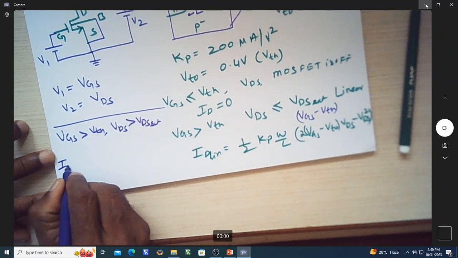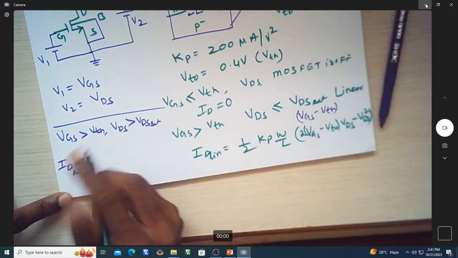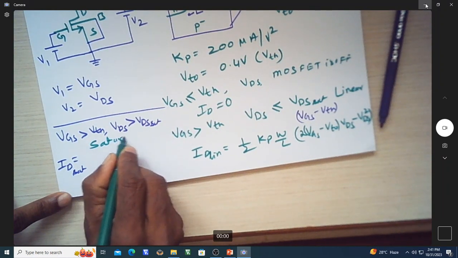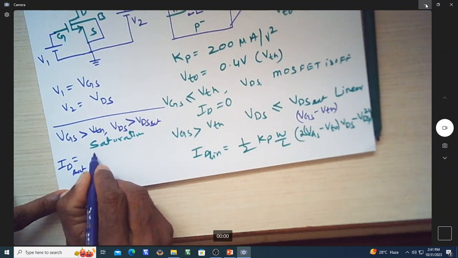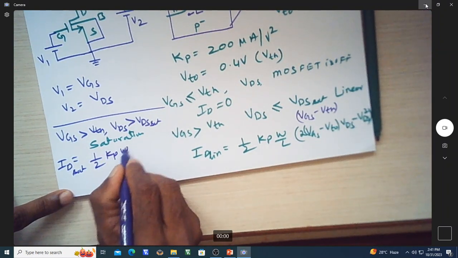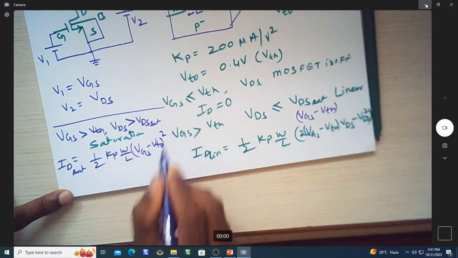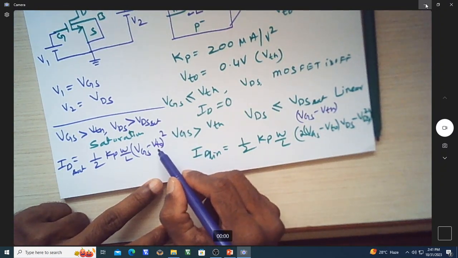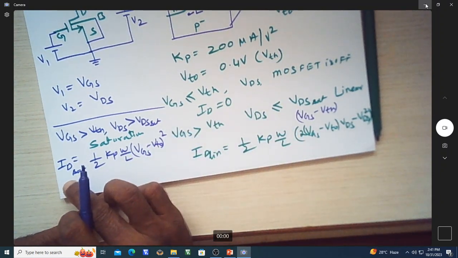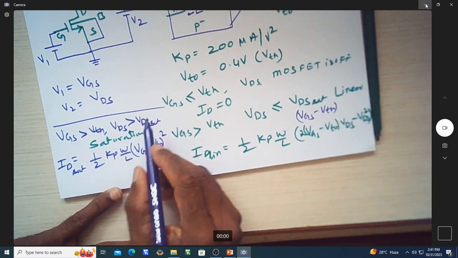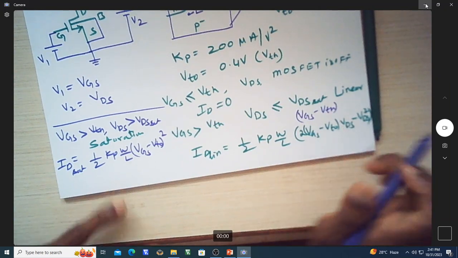In such a case, we call it the saturation region, for which the ID SAT expression will be half Kp W by L (VGS minus VTO) whole square. Of course, we interchangeably write VTO and VTH, so both are the same. So this is the expression. If the MOSFET is in saturation, you can say it is independent of VDS. There is no VDS term here, but in the linear region it depends on VDS.